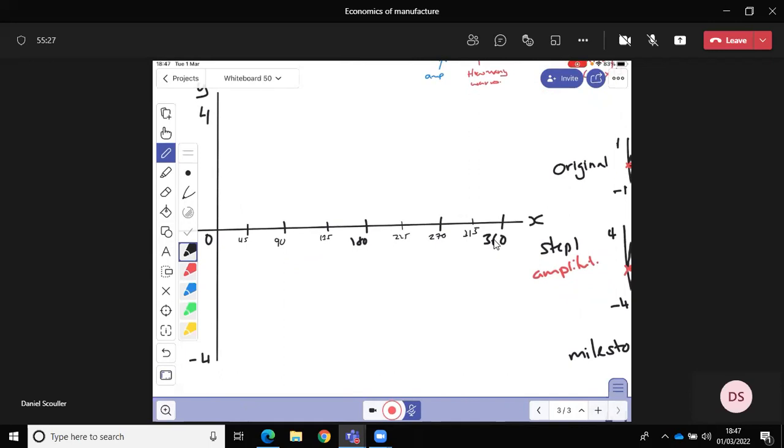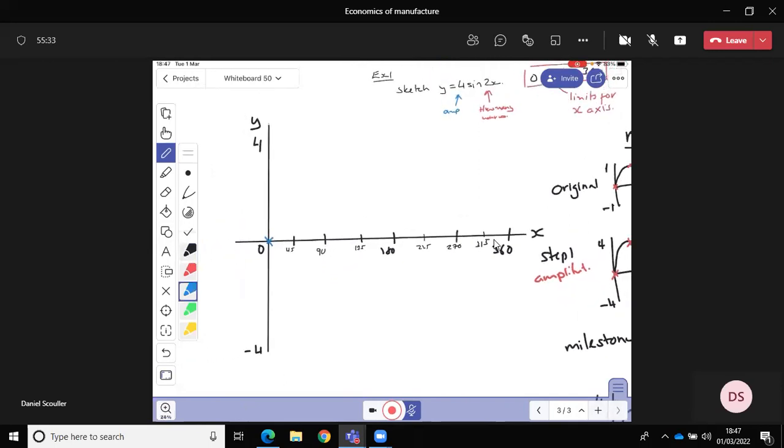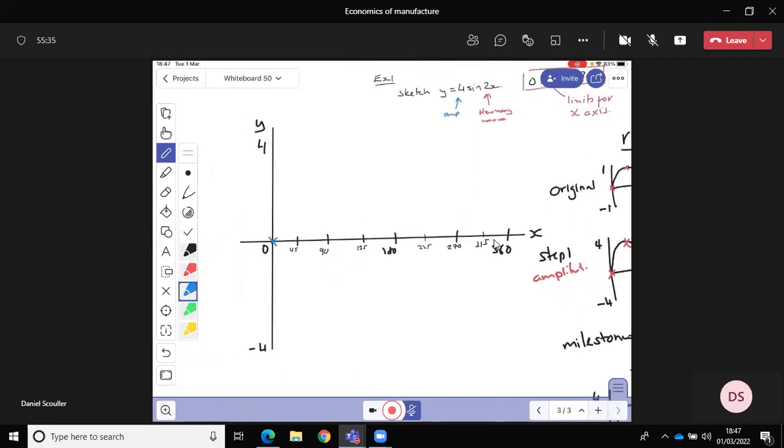Now my milestones haven't changed. Sine starts at 0, 0. The maximum's the first milestone, but now the maximum has changed. Instead of being at 90, it's now at 45. So my maximum is here. It now crosses at 90 instead of 180.